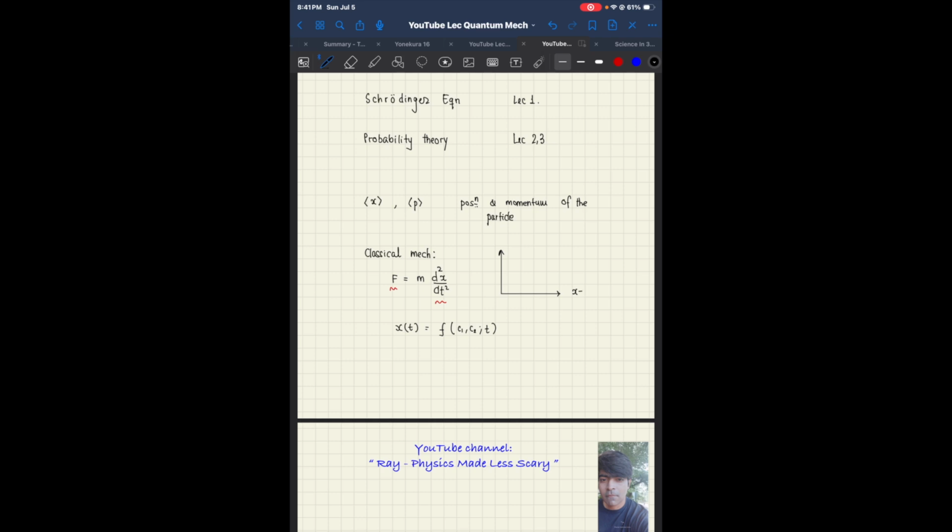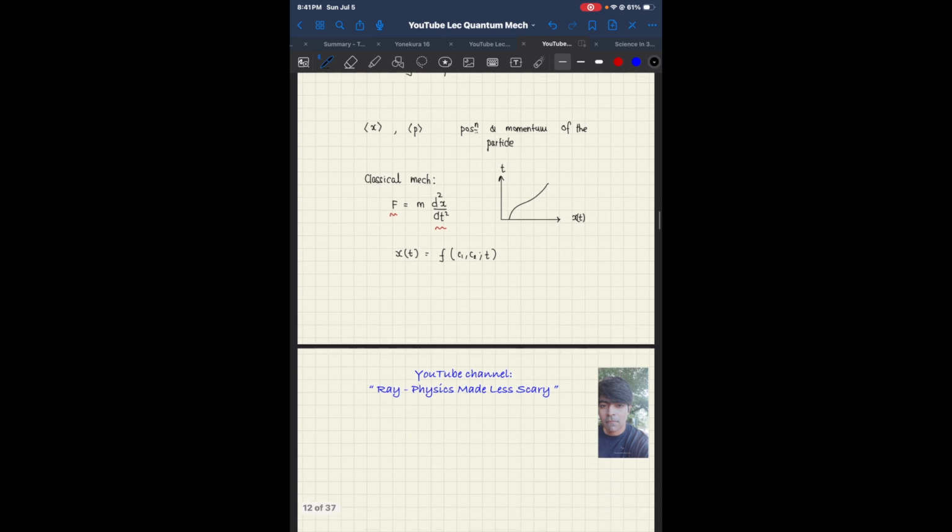Say x of t versus t, you would have a trajectory like this in classical mechanics. And the momentum in classical mechanics would be given by m times dx/dt, so mv. If I know x as a function of t, then this is known too, I can just take the derivative.